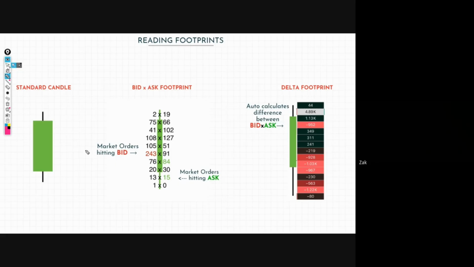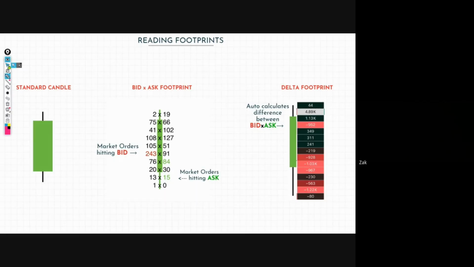Here I have a standard candlestick chart, and then the exact same chart in a bid and ask footprint, and then the same candlestick in a delta footprint. These are telling you the exact same information, but through a different lens. Essentially, what a footprint is designed to tell you is what the market order data looks like.